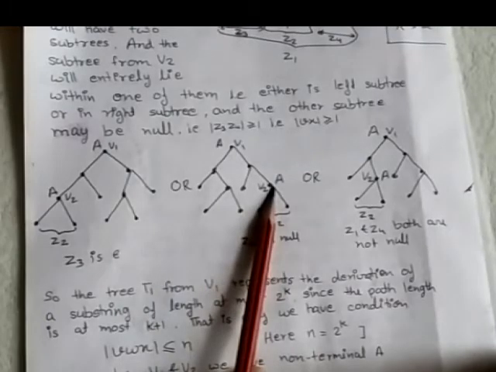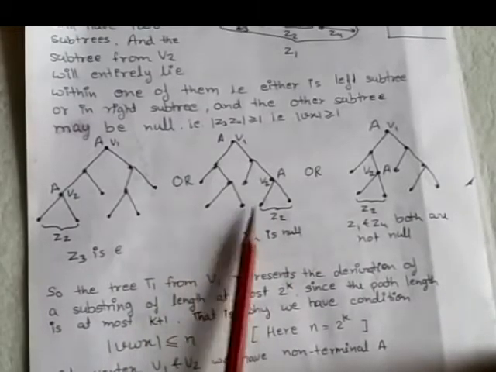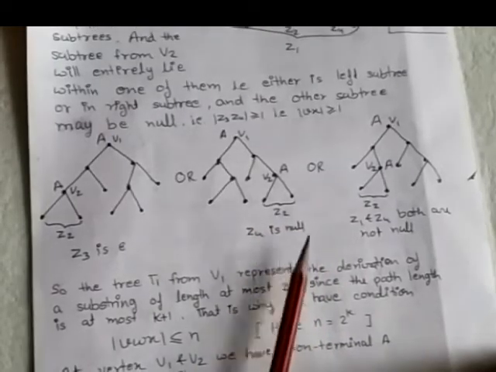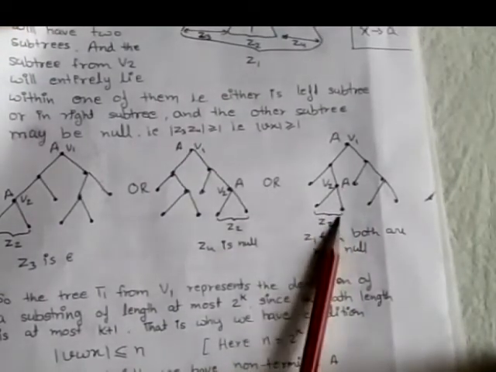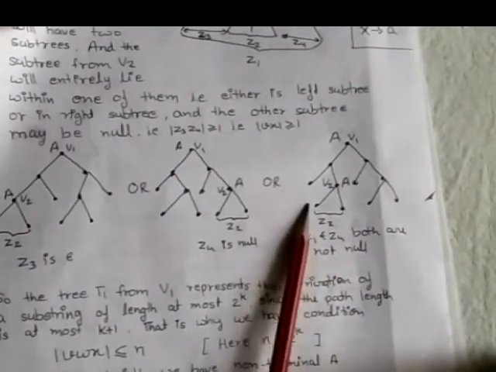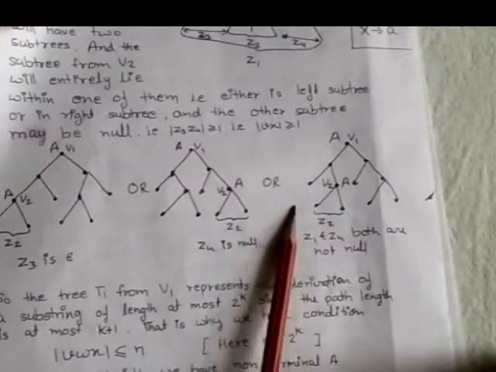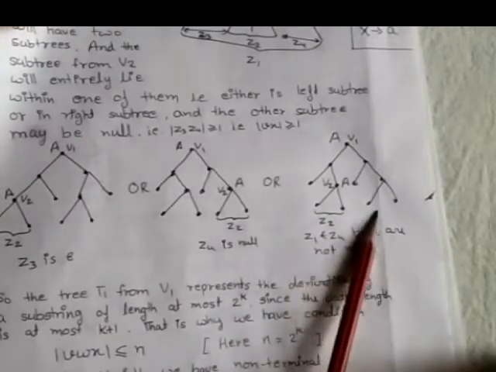Now look at this condition. V2 is lying in the right subtree. So in this case we have Z3, Z2, but we don't have Z4 here, so Z4 is empty. Or we may have the case that Z2 is lying in between, where some portion is generated as Z3 and some portion as Z4.